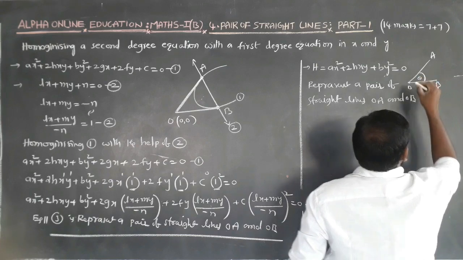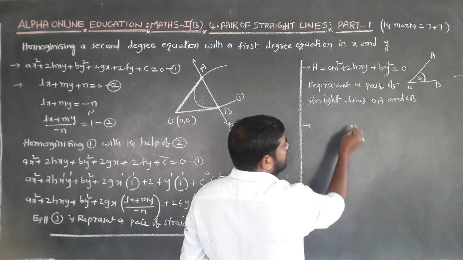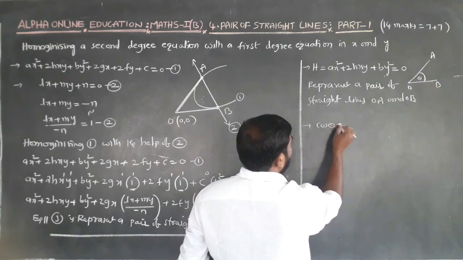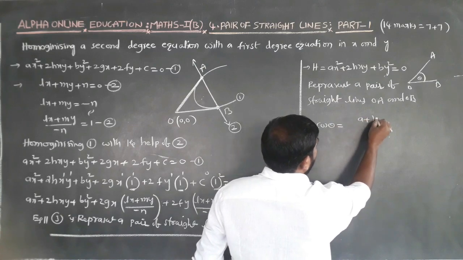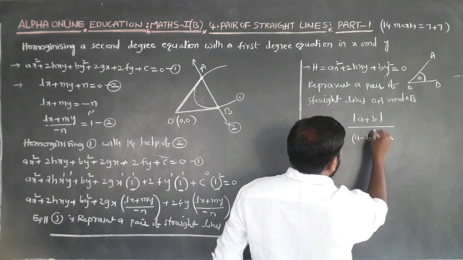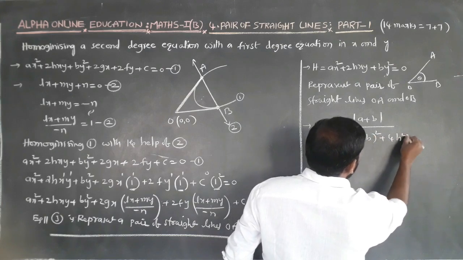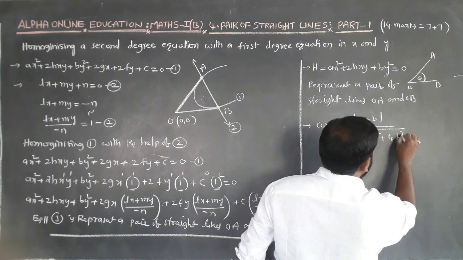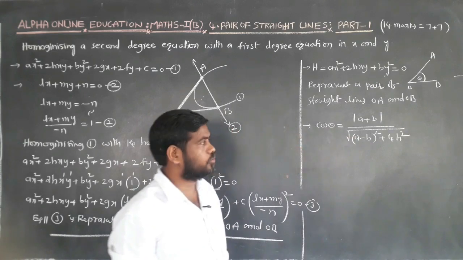If theta is the angle between the two lines, then cos theta is equal to mod of a plus b by under root of a minus b whole square plus 4h square.